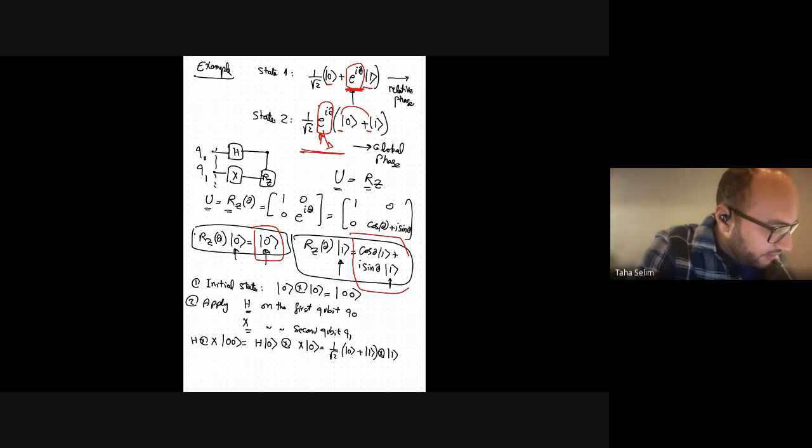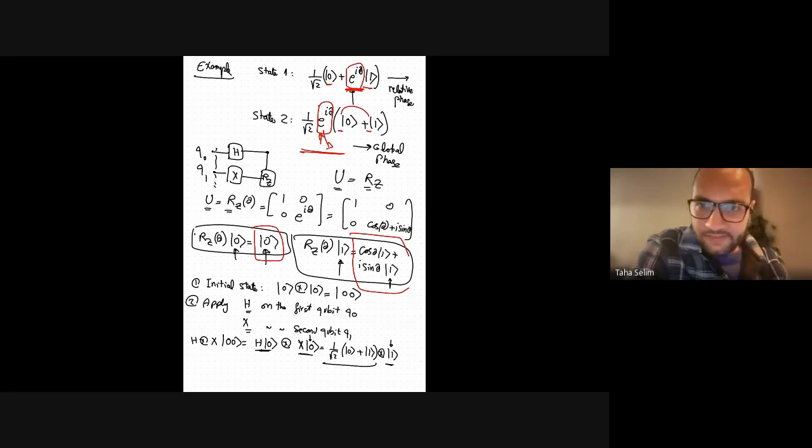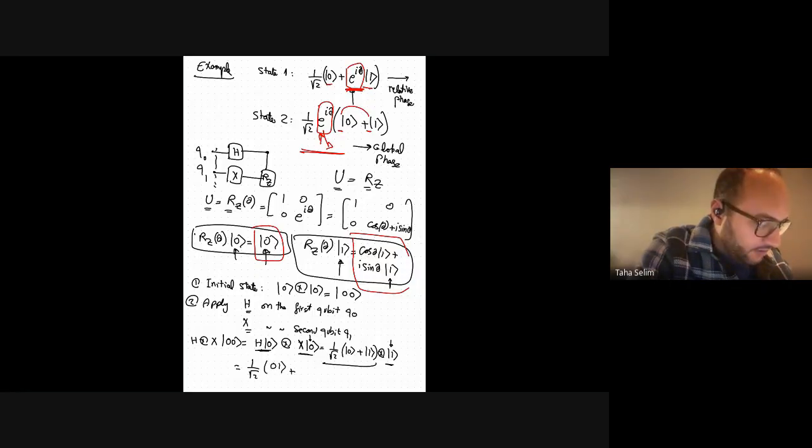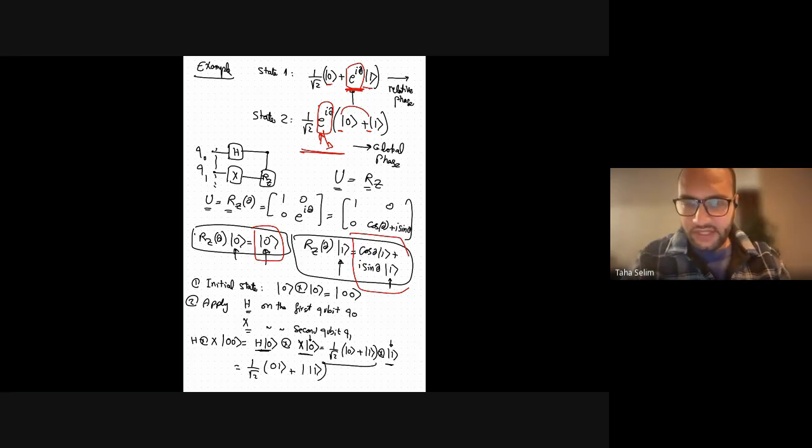What happens here is that the Hadamard gate creates for me the superposition. The X is a flipping gate, so this flips the bit of the qubit from 0 to 1. So I will get here 1 over root 2, ket 0, 1 plus ket 1, 1. So this is a result of the action of these two gates.